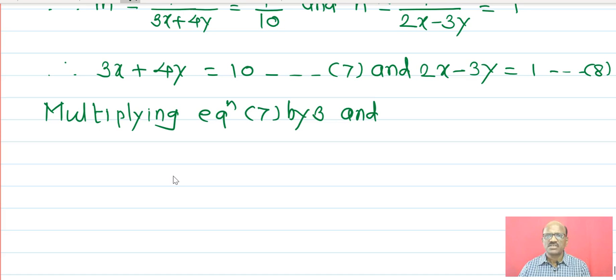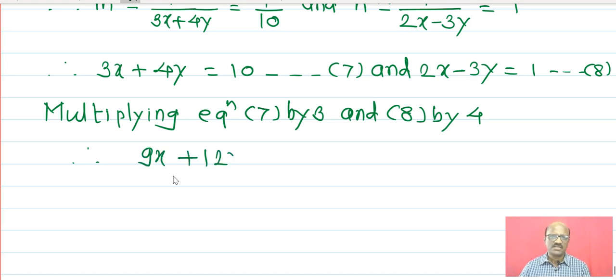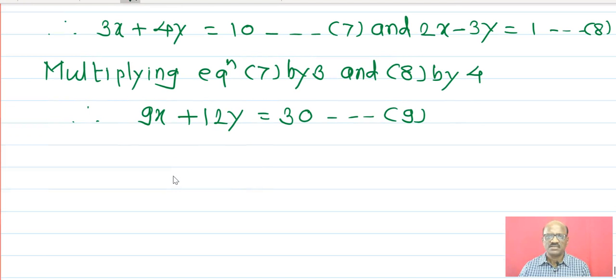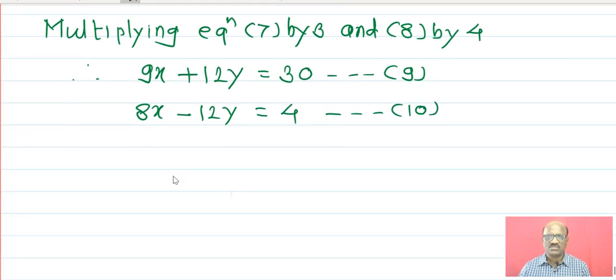Multiply equation 7 by 3 and equation 8 by 4, म्हणजे y eliminate करायचं. Therefore, it becomes 9x plus 12y is equals to 30, this is equation number 9, and 8x minus 12y is equals to 4, this is equation number 10.